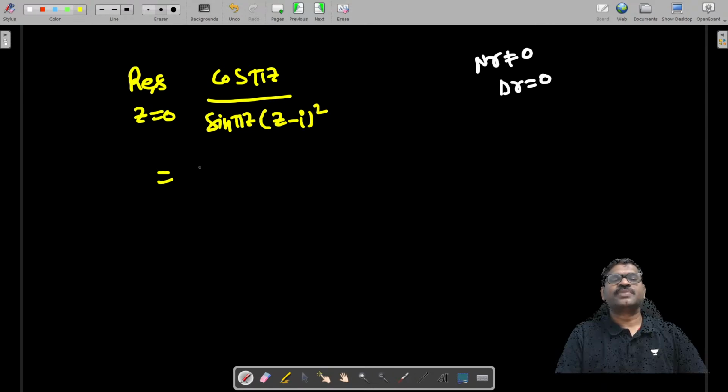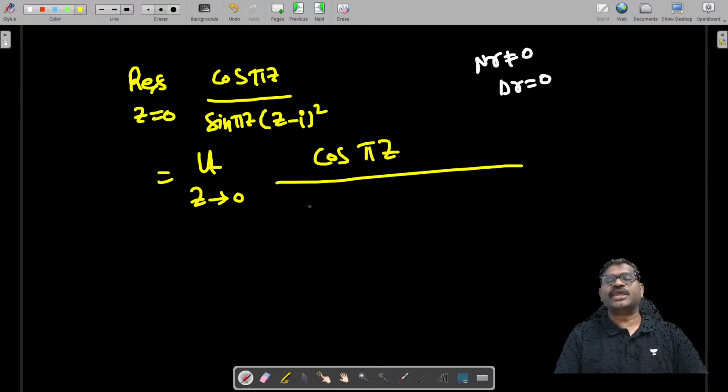That's why you can write limit z tends to 0 of cos pi z by differentiation of denominator.